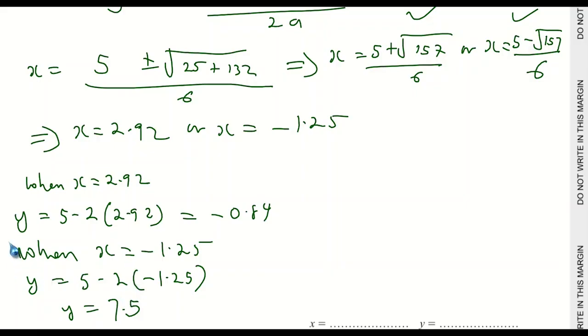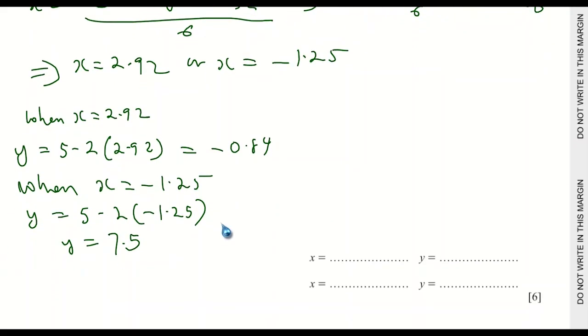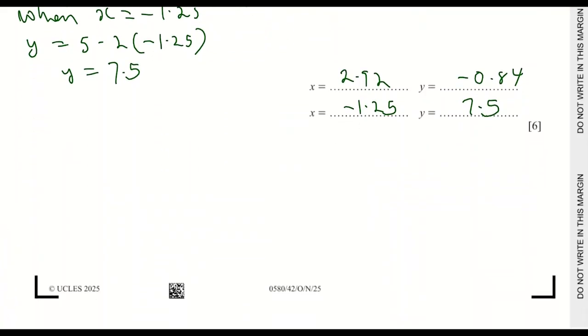So these are the values you get here. So when x equals 2.92, y equals negative 0.84, and when x equals negative 1.25, y equals 7.5. Okay, so let's go to the next question.